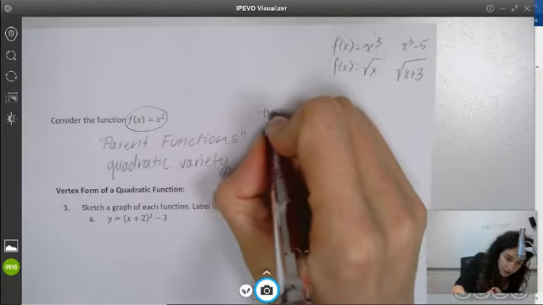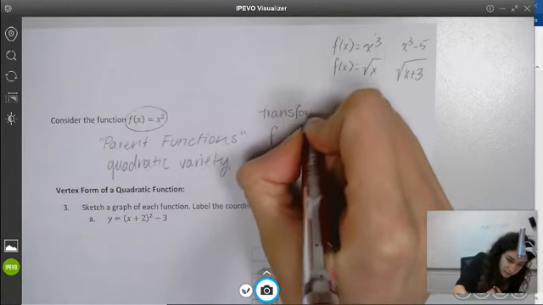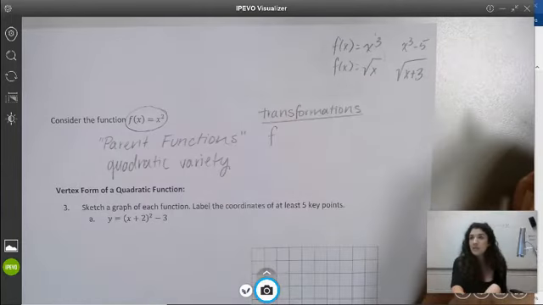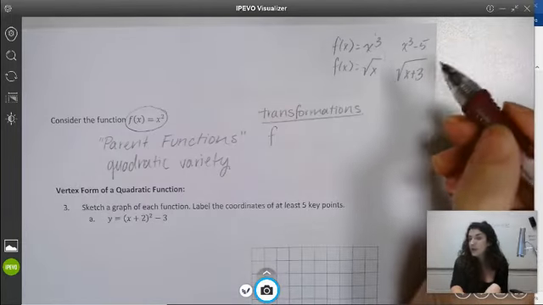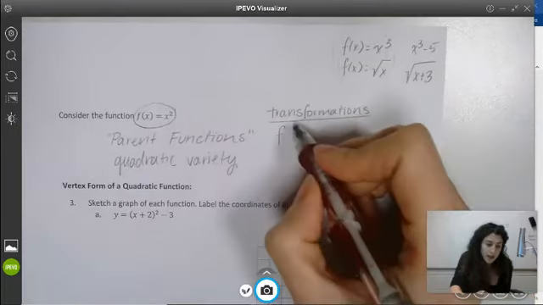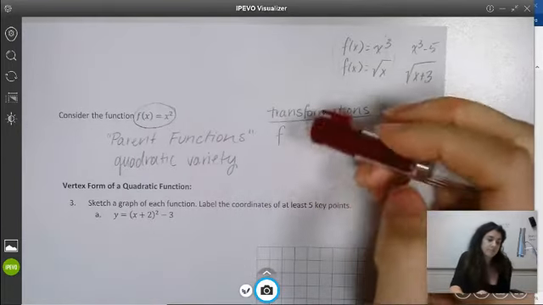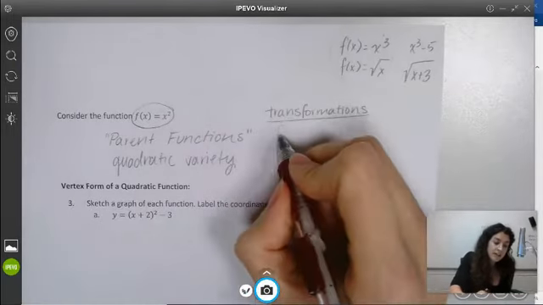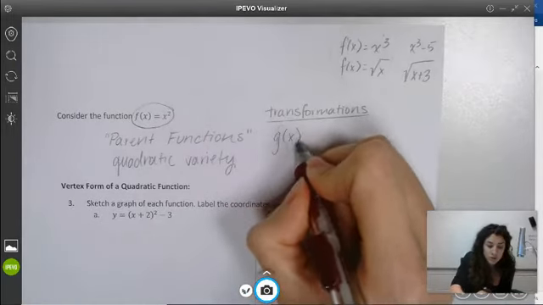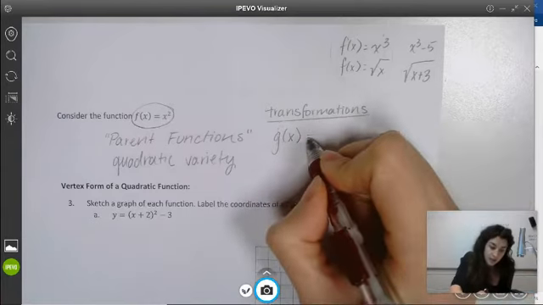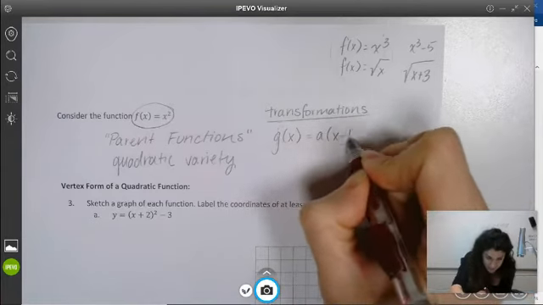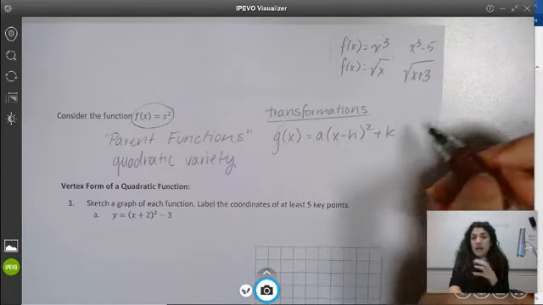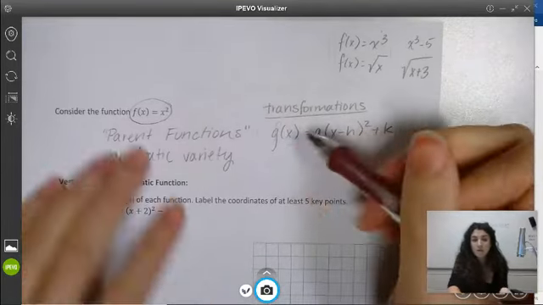And transformations, they always follow this rule. Since this is called f of x, I'm going to call my transformed version g of x. That there's these series of things that you could do to your parent function.